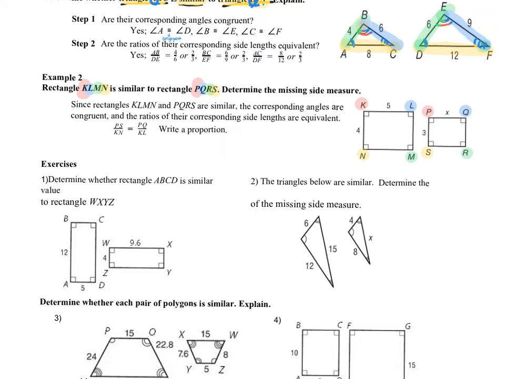So KL corresponds with PQ. So KL and PQ are going to be proportional. Yes? Do you understand that? Okay. LM and QR are going to be proportional.